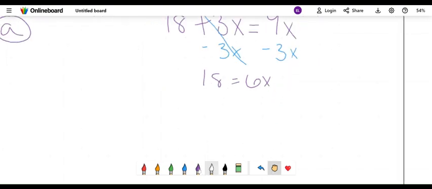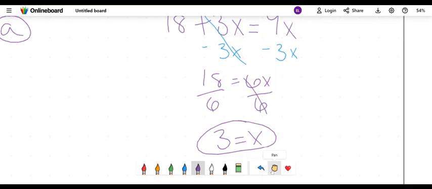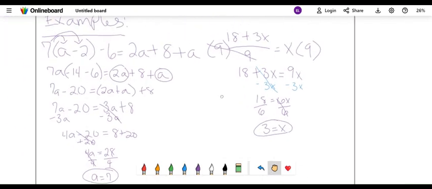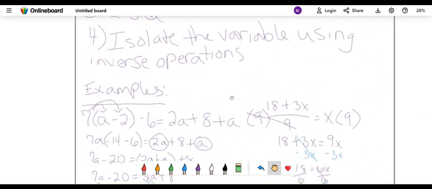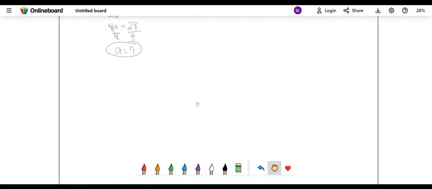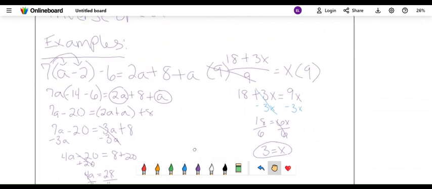So now we have to divide both sides by 6. We'll get 3 equals x. That's our answer. Okay, so that's pretty much the work we have here so far.